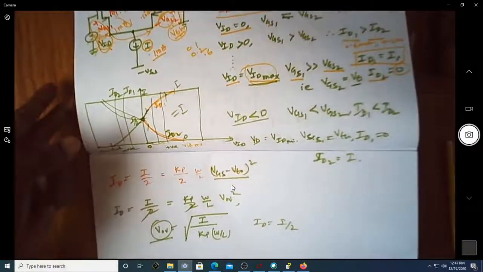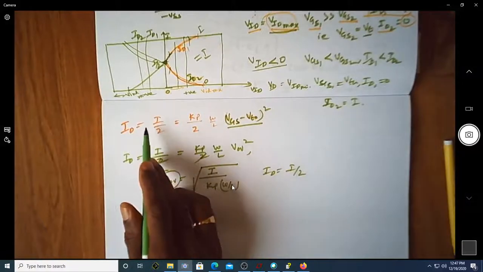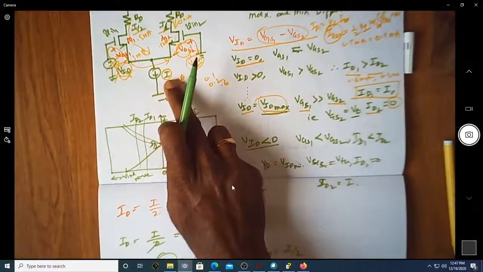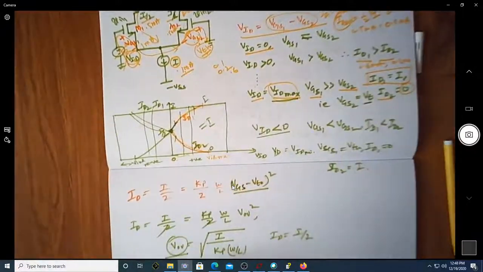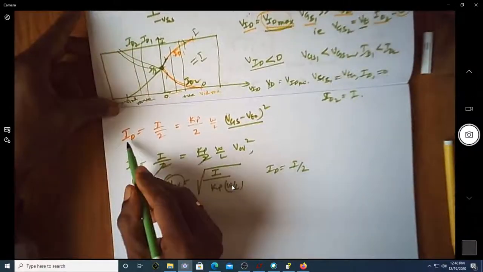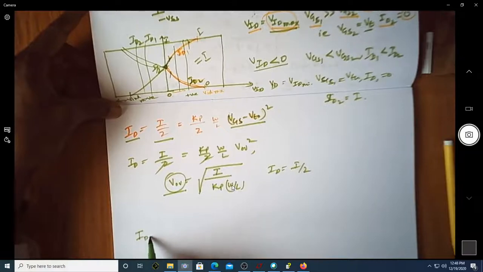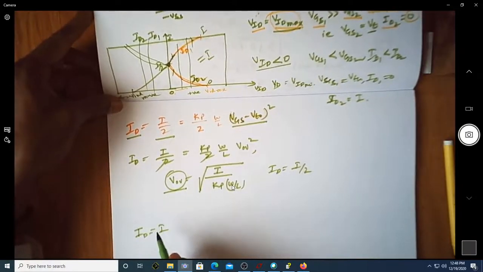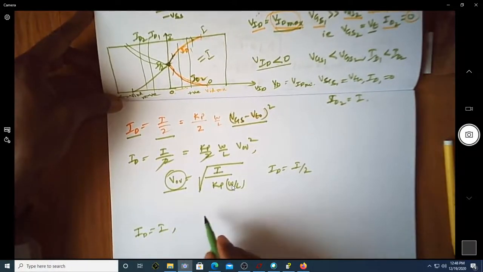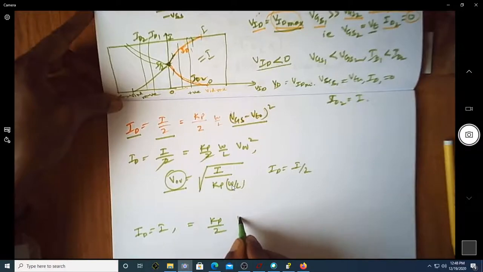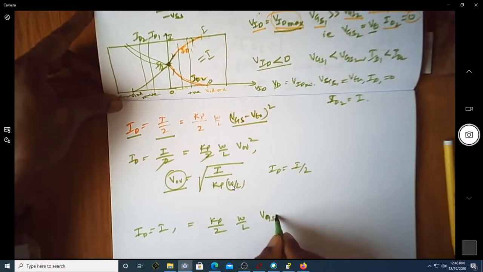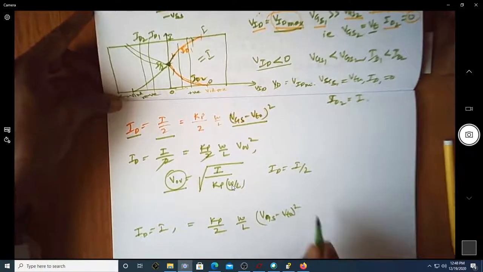Suppose the entire tail current I flows through this, that is, instead of taking ID equal to I by 2, ID becomes equal to I. Then what is the expression for my current? Again, I is equal to Kp by 2 W by L (VGS minus VTO) whole square.